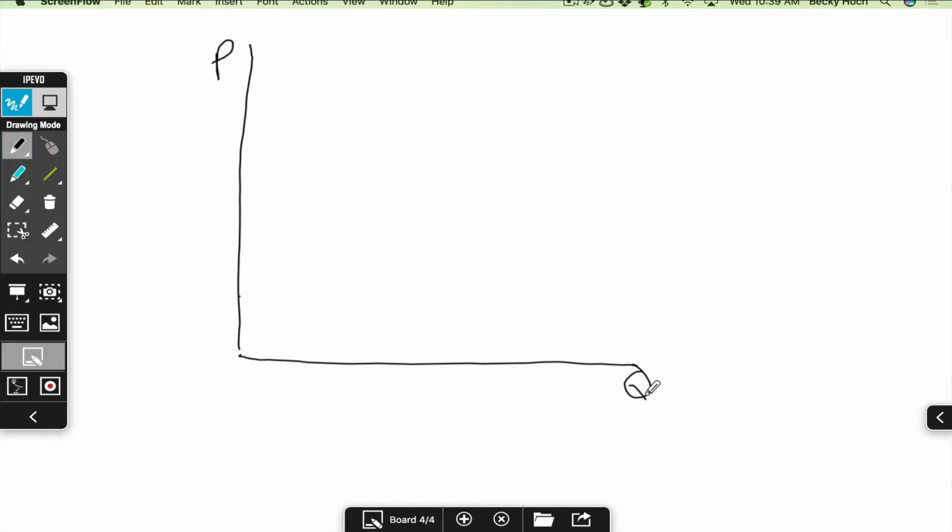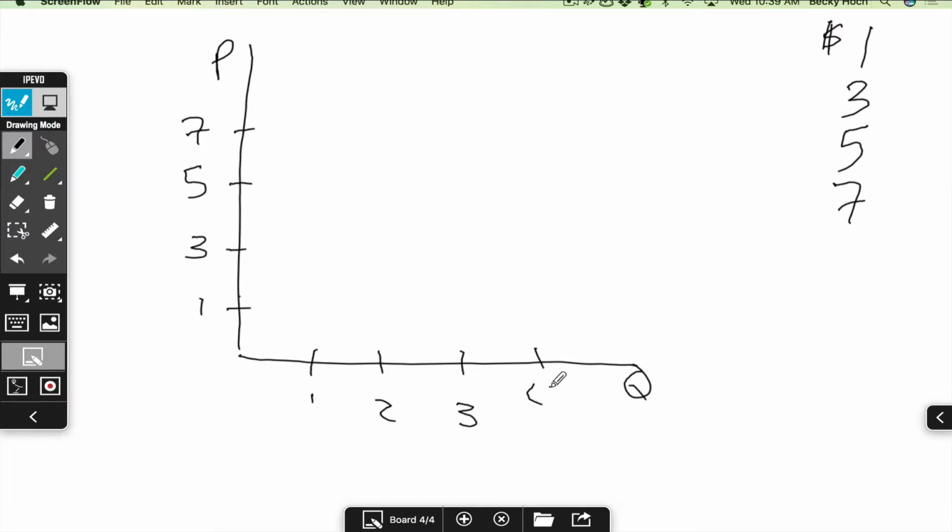He's willing to supply the first bottle of water for $1, the next one for... All right. So the first bottle of water he'll supply for $1. Second bottle of water he'll supply for $3. Third bottle of water for $5. Fourth bottle of water for $7.